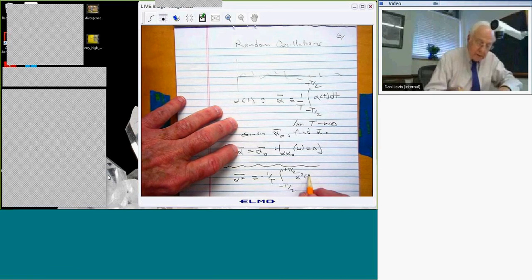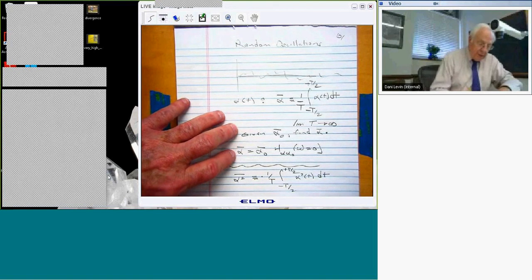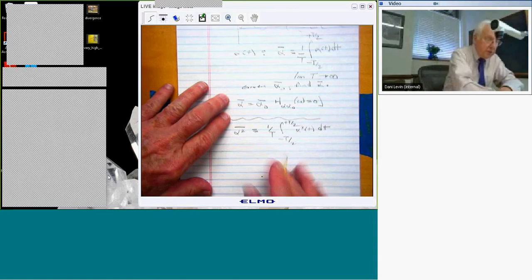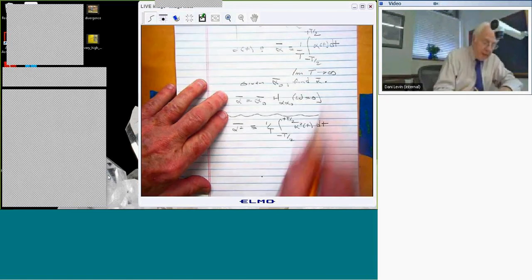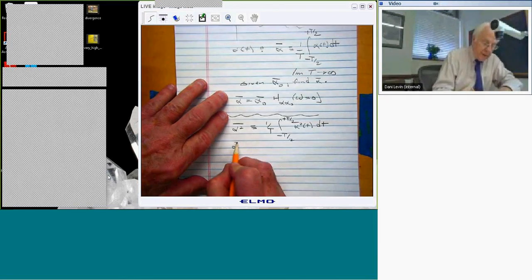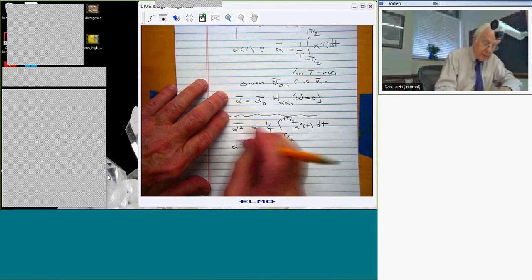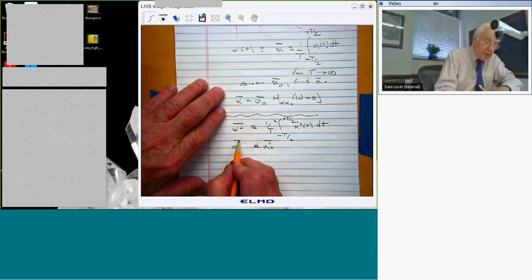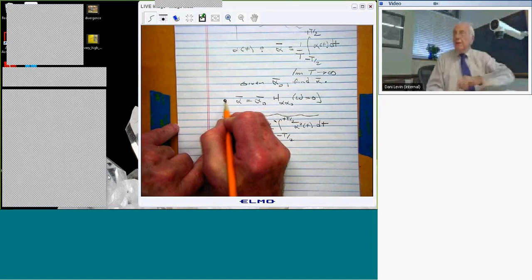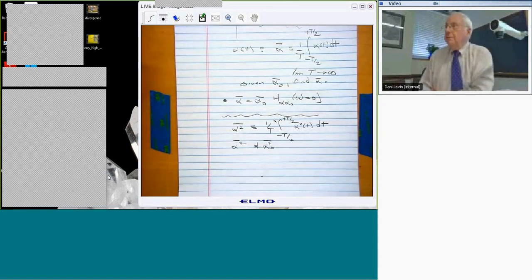Right? So what is the relationship between alpha squared and alpha naught squared? Knowing this, you might hope that it is the same as for the mean.